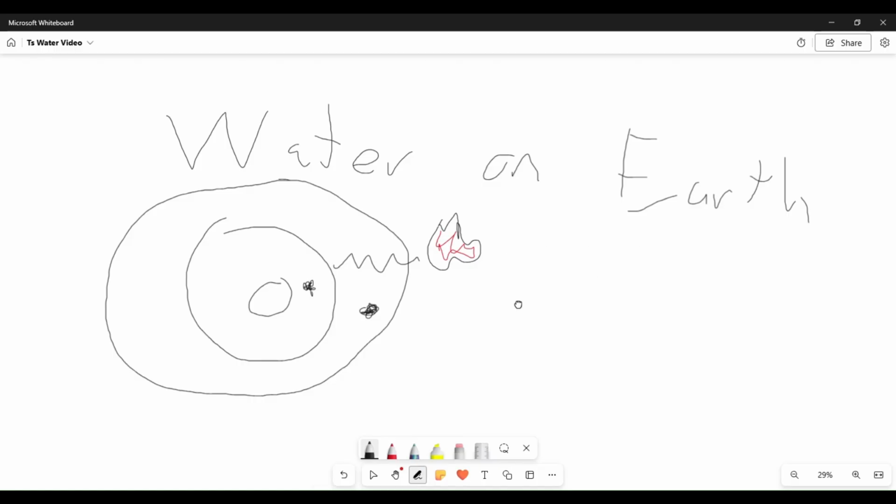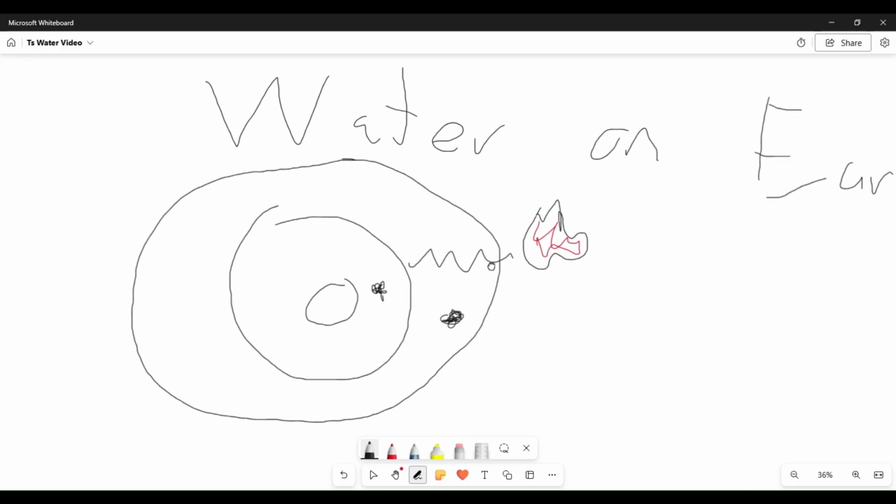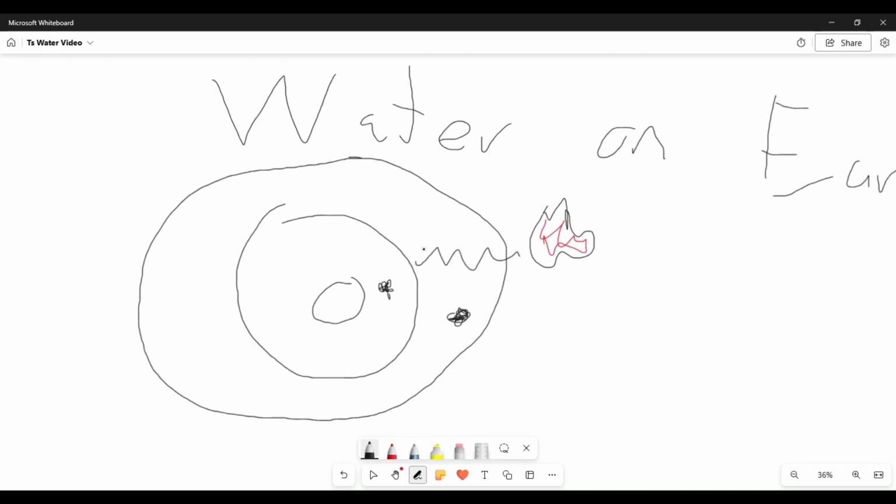That's a snowflake. And it's an area in between that's just right. Now, Earth is in the Goldilocks zone for our solar system, and there are dozens of others across the universe.